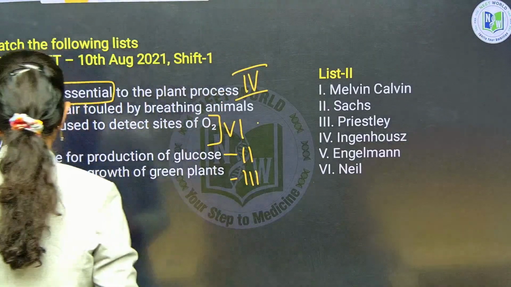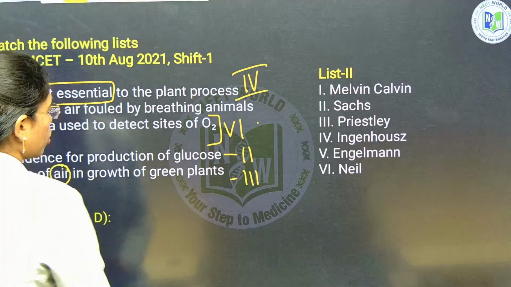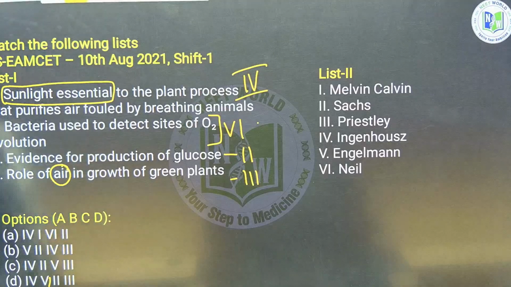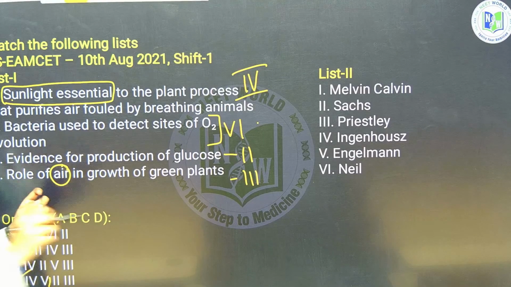So 4, 6, 2 and 3, which is option D. Clear? Next question.